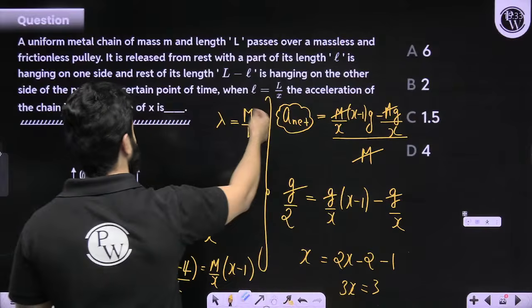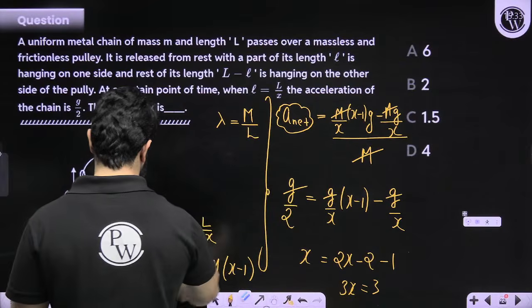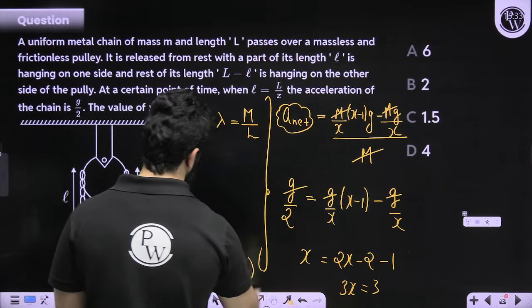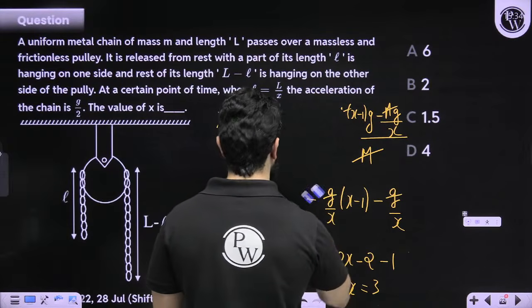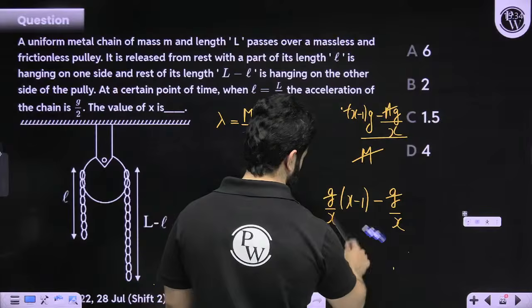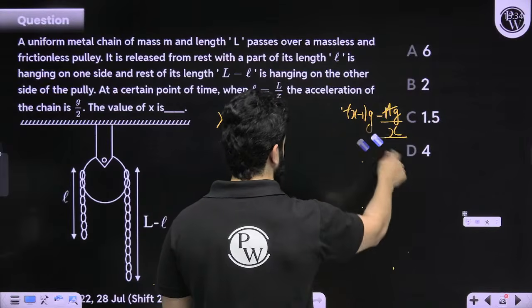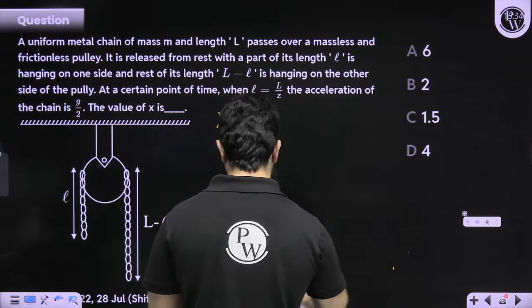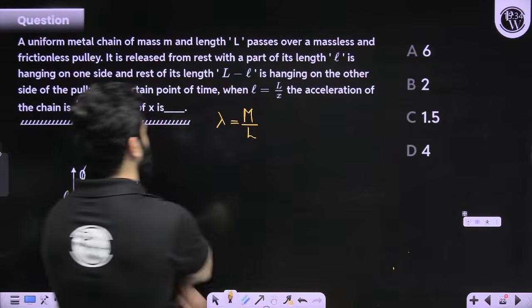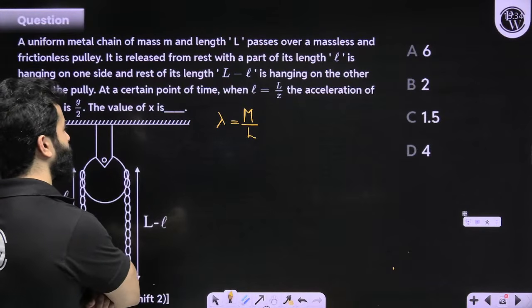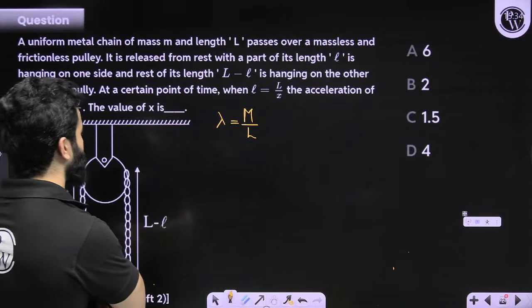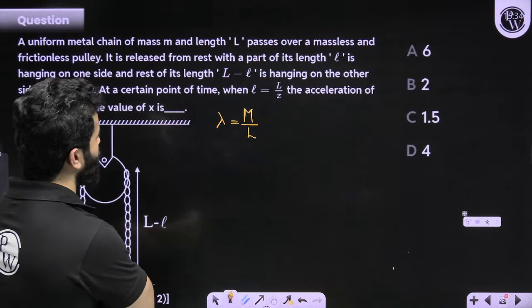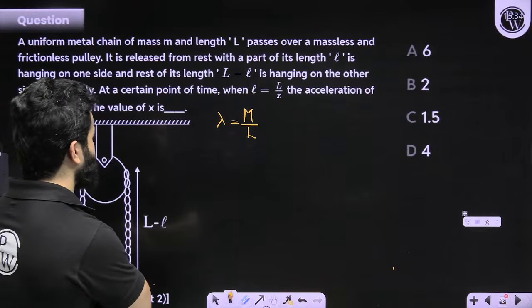Actually, we have to find out the value of x. My bad. We have to find out the value of x. I have chosen the fraction to be x. Concept was absolutely correct, but we can't select x. We cannot select x.